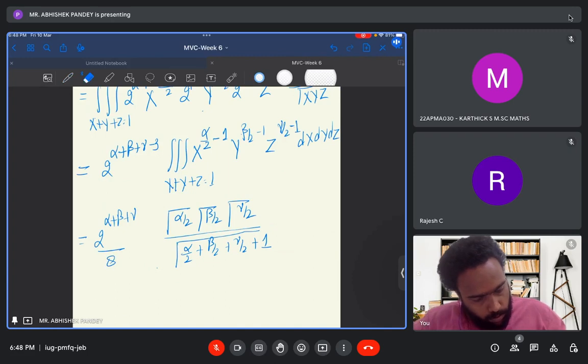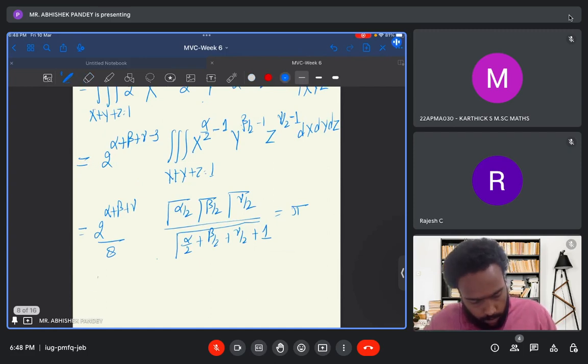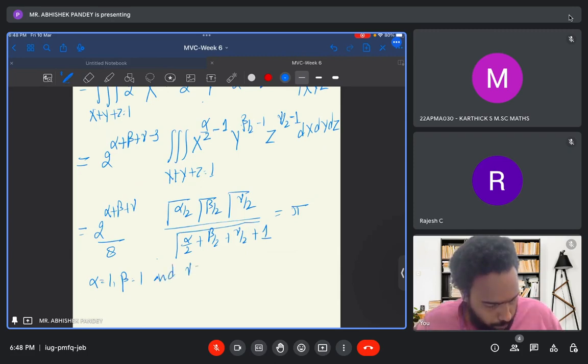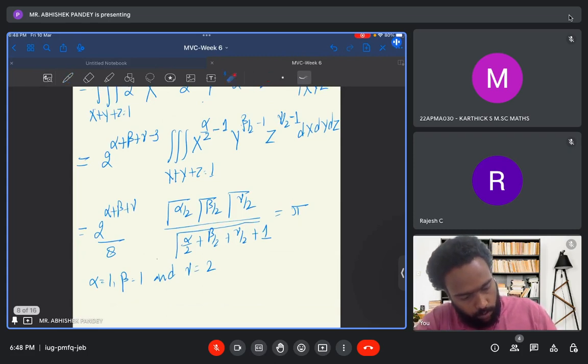now this should be equals to pi. Okay, so if you put alpha is equals to 1, beta is equals to 1, and gamma equals to 2. Okay, so this quantity we need to check.